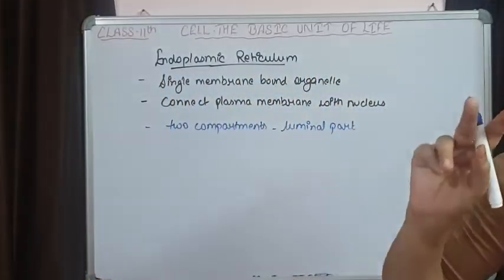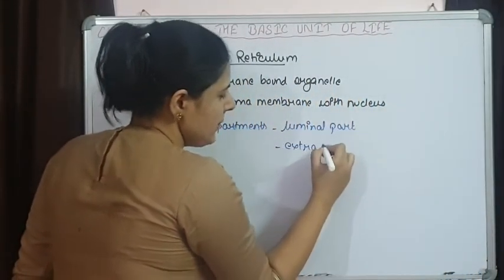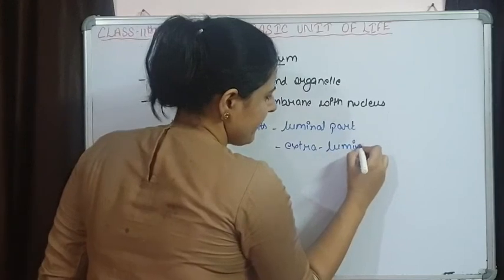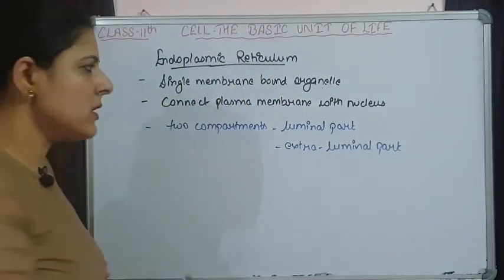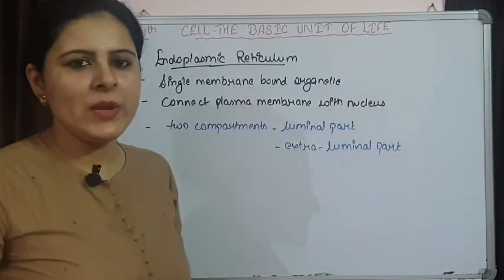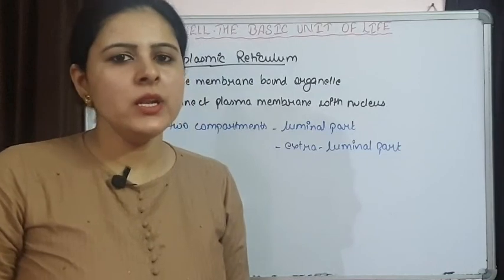So the two compartments are going to be formed, luminal and extraluminal part. This is the part that is formed by endoplasmic reticulum, and the rest of the part left is extraluminal part.